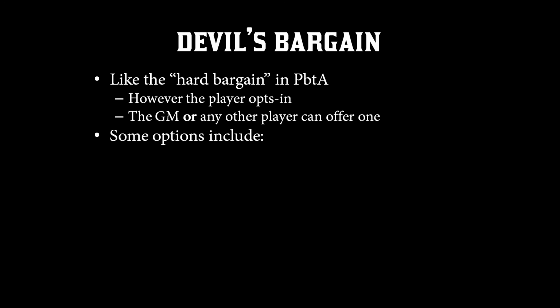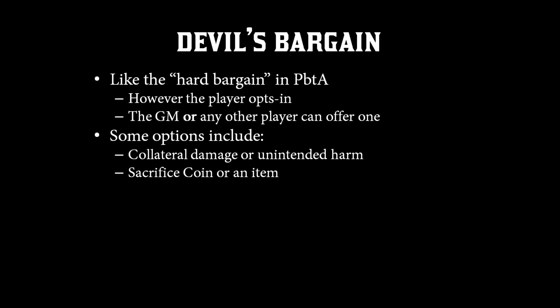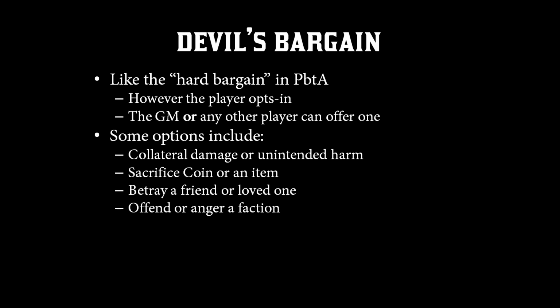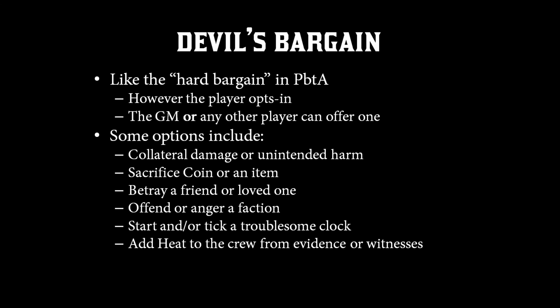So some options for devil's bargains that the players or the GM can suggest include collateral damage or unintended harm, sacrificing coin, so that's the resources of the team, or an item, betraying a friend or a loved one, offending or angering a faction, starting or ticking a troublesome clock, adding heat to the crew from evidence or witnesses, or suffering harm.